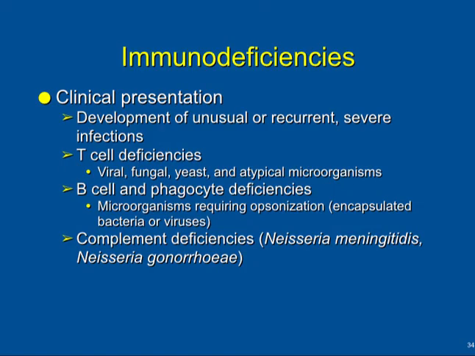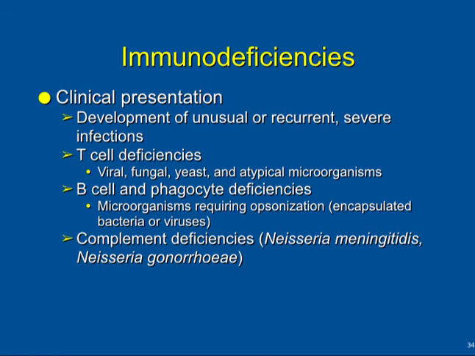The T cell deficiencies tend to go with viral or repetitive viral infections, fungal infections, yeast infections, or any atypical microorganism. Whereas B cell deficiencies tend to occur with microorganisms that require opsonization. So with opsonization, they basically flag the microorganism for phagocytosis.